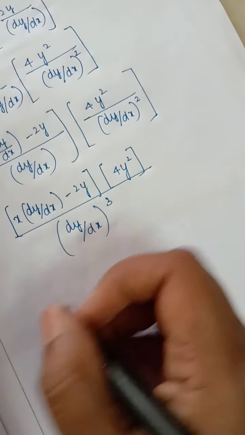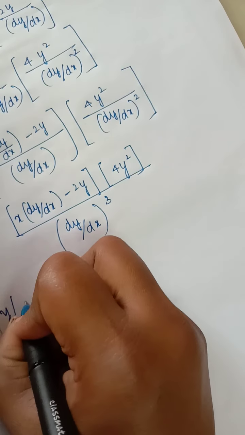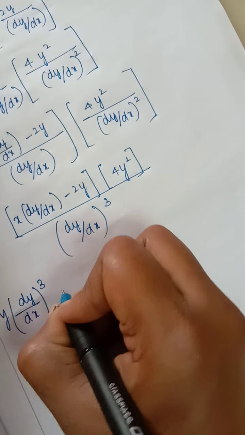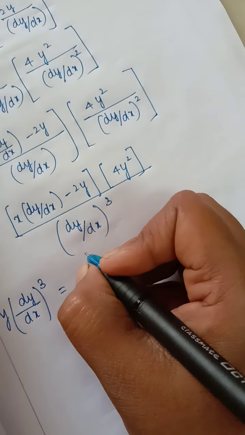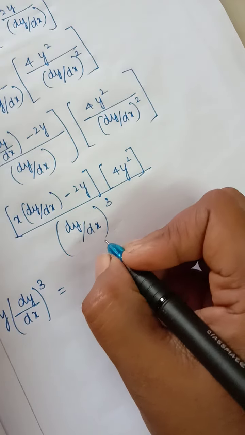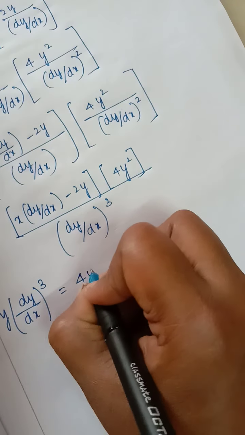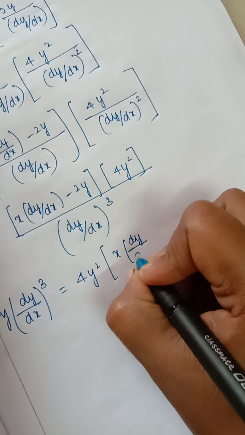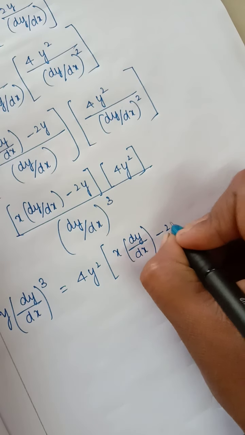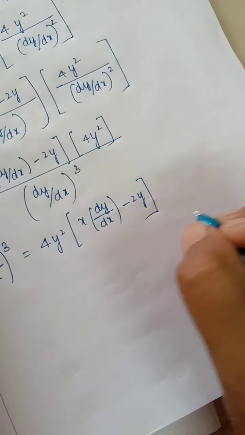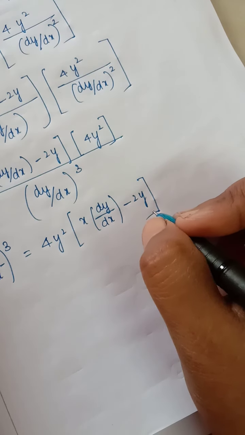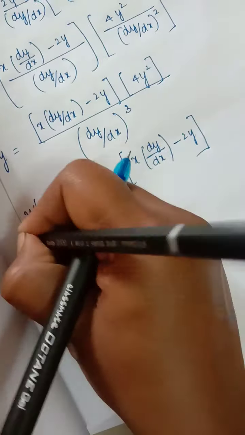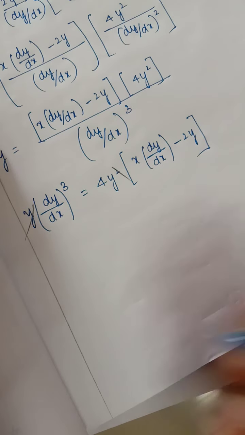Okay, so if you cross multiply, y into dy by dx the whole power 3 equal to, next you just take this 4y square, so x into dy by dx minus 2y. Okay, then what we have to do is cancel the y term, this y and this y will be getting cancelled.